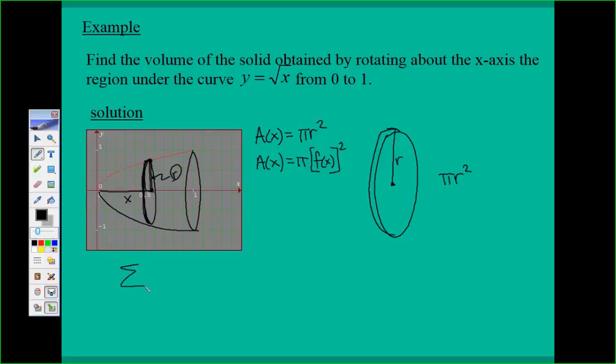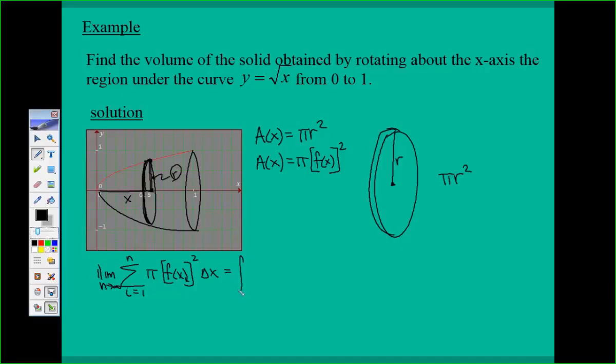If we look at the Riemann sum for this, we would have pi times our f of x squared times our delta x. So if we take i equals 1 to n and then take the limit as n goes to infinity, that would find the volume of that shape.